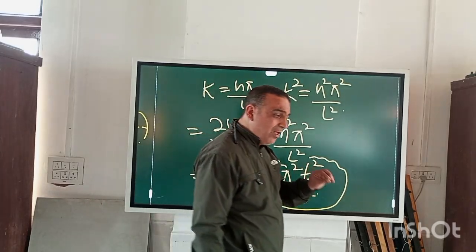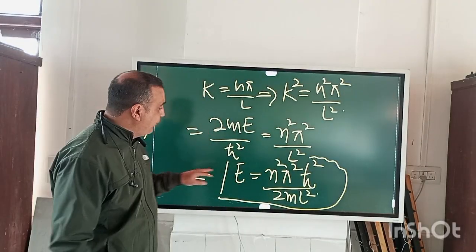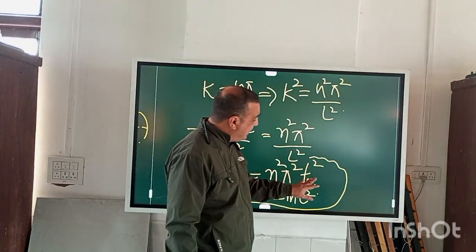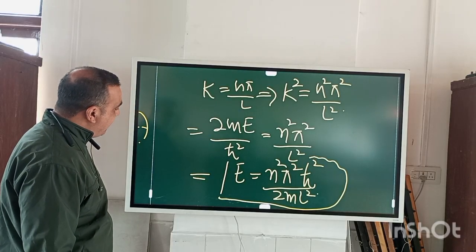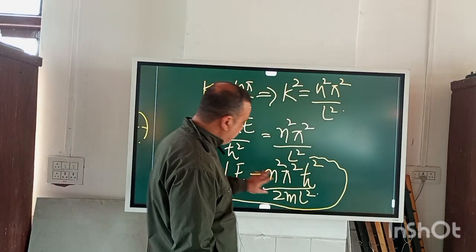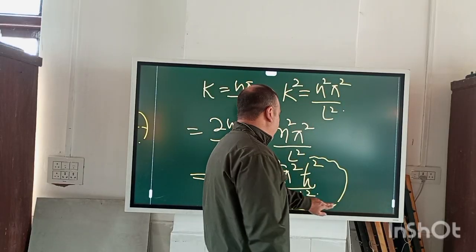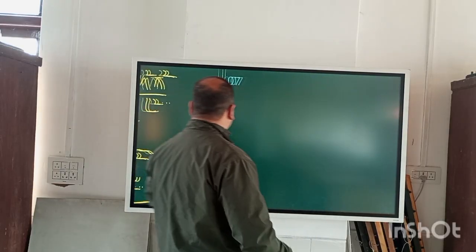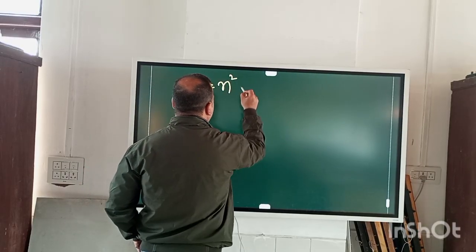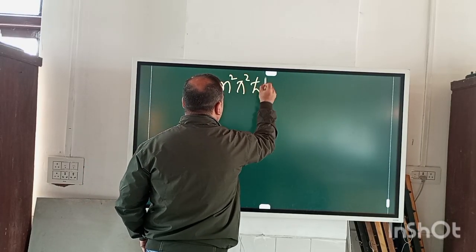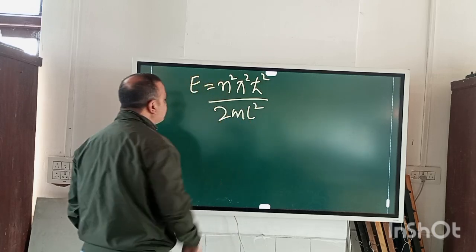The electron could have all possible energies that you could think about. But here, what we obtain is that this electron has energies and these energies are quantized. So this is my energy: E equals n squared pi squared h bar squared by 2mL squared.